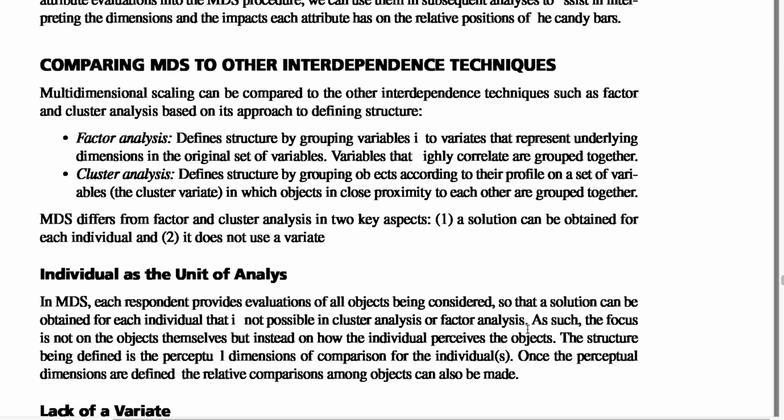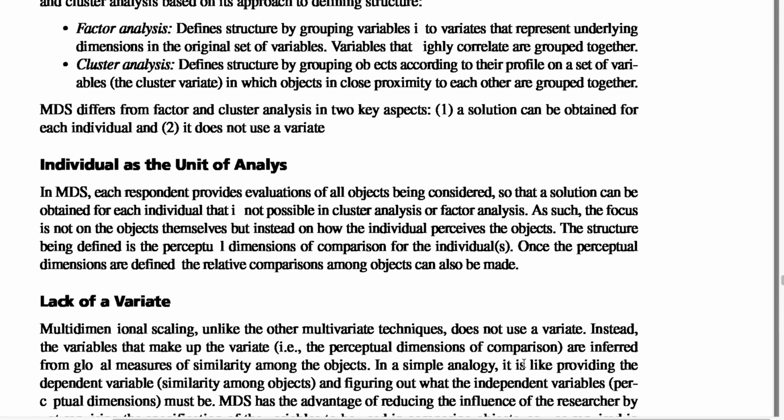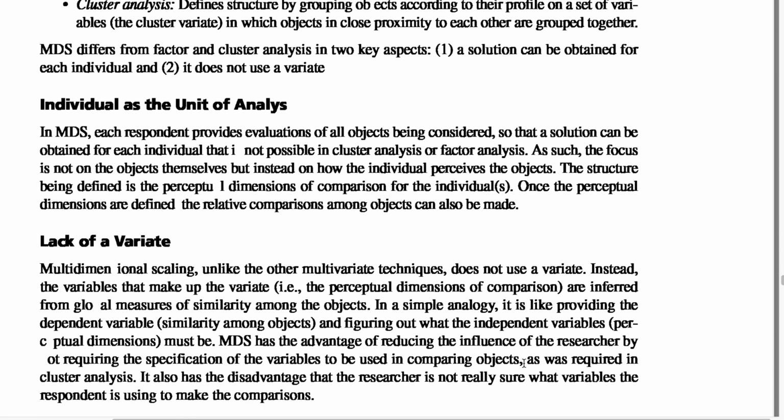Multidimensional scaling differs from factor and cluster analysis in two key aspects. Number one, a solution can be obtained for each individual, and two, it does not use a variate. In multidimensional scaling, each respondent provides evaluations of all objects being considered, so that a solution can be obtained for each individual.